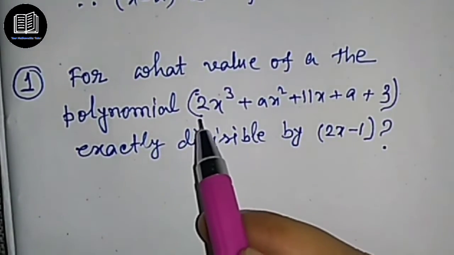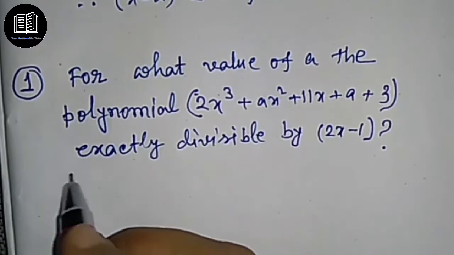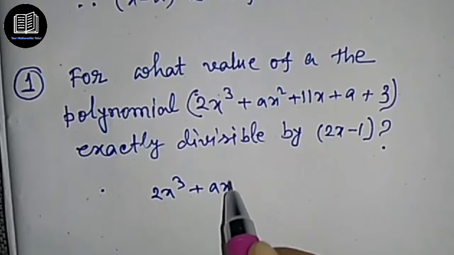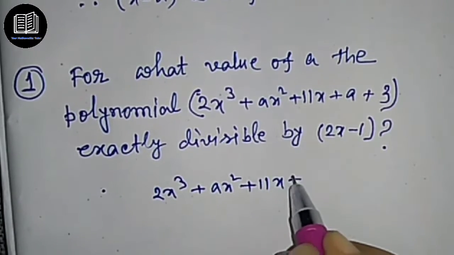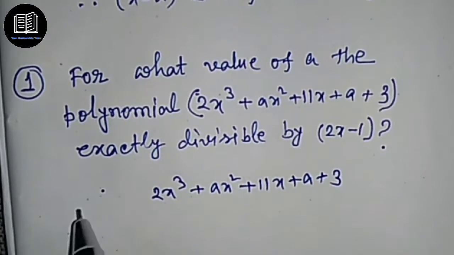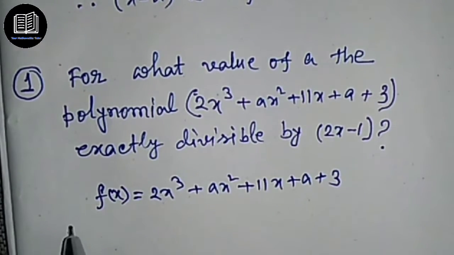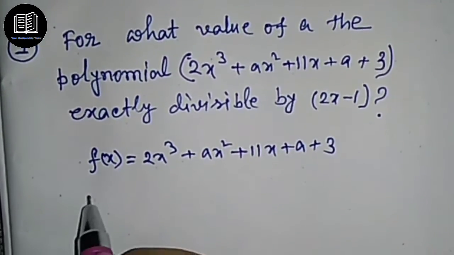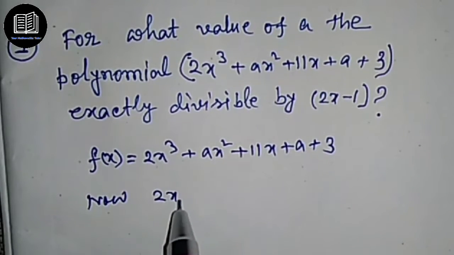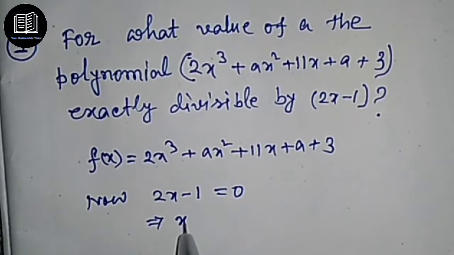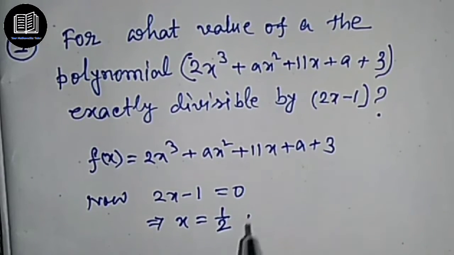Here the given polynomial is 2x cube plus ax square plus 11x plus a plus 3. We select this as f(x). Now 2x minus 1 equals 0 gives x equals half.